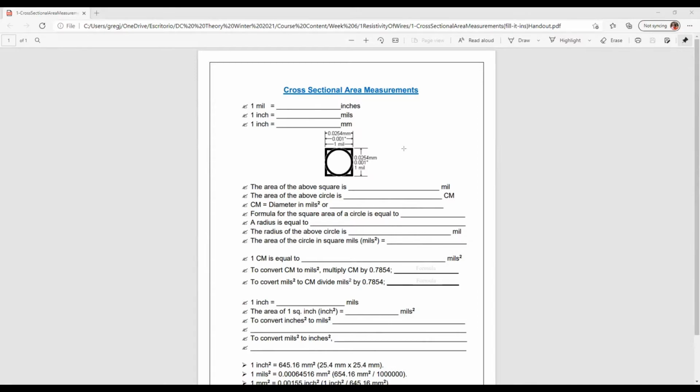Okay, now let's begin right here on this little circle. When we have a conductor, and most conductors are round unless we have bus bars, say we measure the diameter of this conductor, which is represented by the red line up there, and it is 1 inch thick.